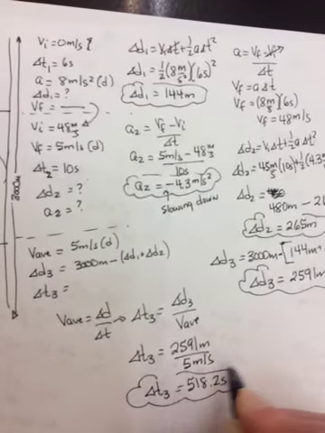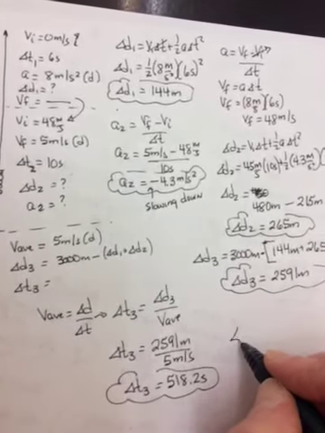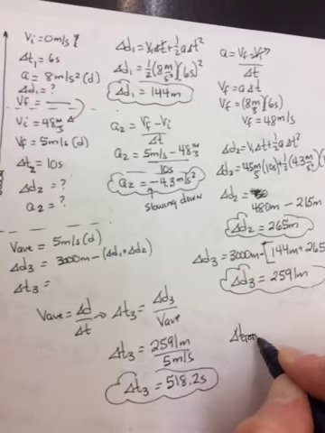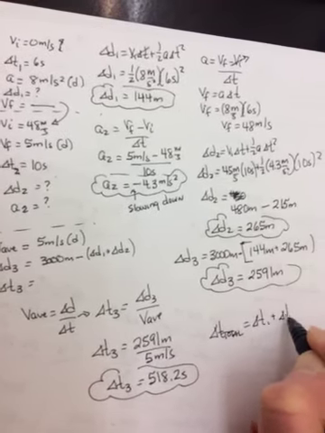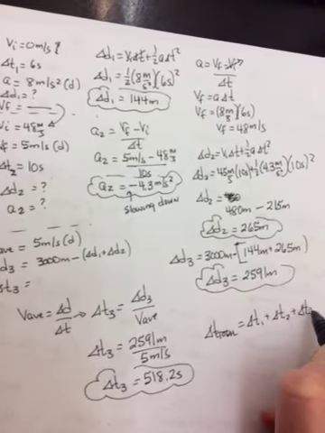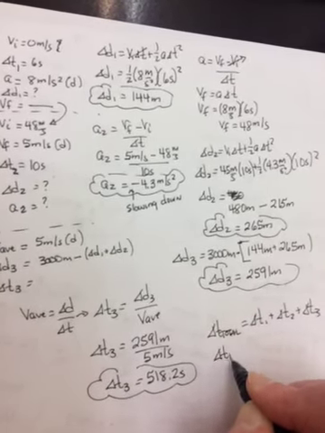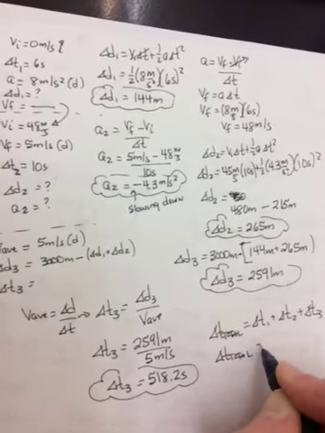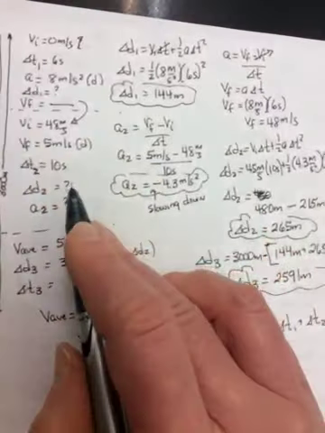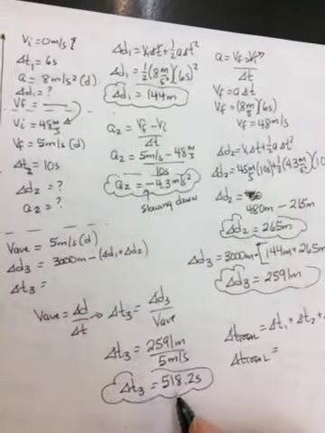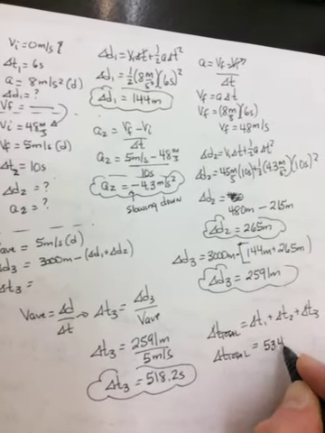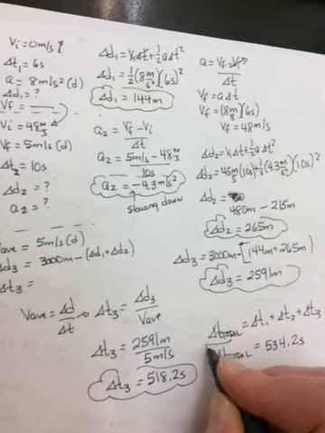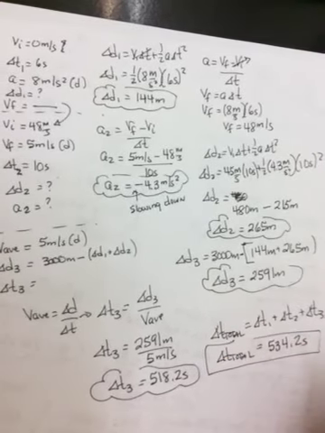So now the question wants the full time, so T total should be equal to T1 plus T2 plus T3. So T total will equal 6 seconds plus 10 seconds, that's 16, plus 518 should be 534.2 seconds. We are done.